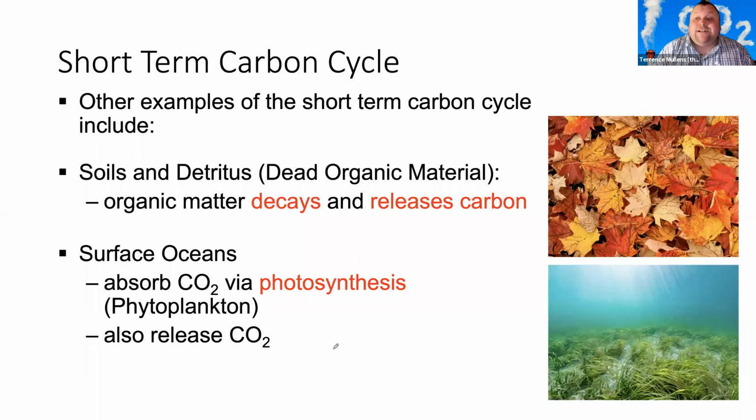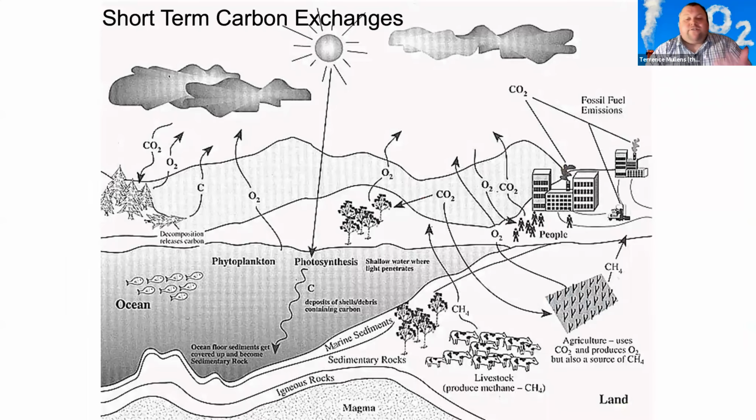So that being said, in our next video, we are going to talk about the long-term process. Some other short-term processes, just to do a little bit more justice. So fossil fuel emissions are a short-term process because taking fossil fuels and burning them happens really quickly. People breathing in oxygen and exhaling carbon dioxide, that is another short-term process.